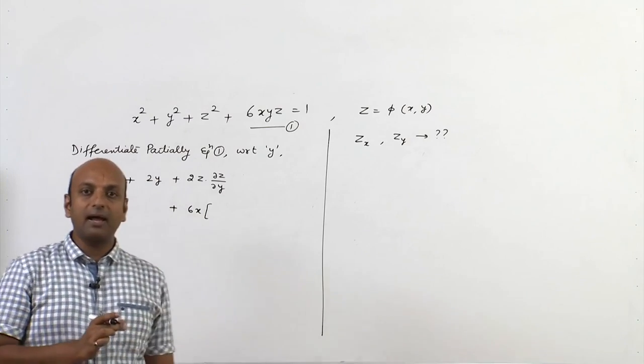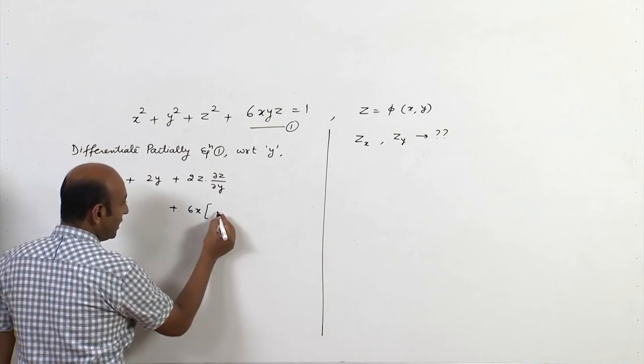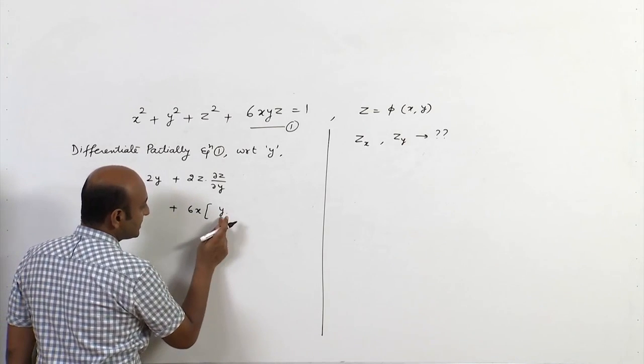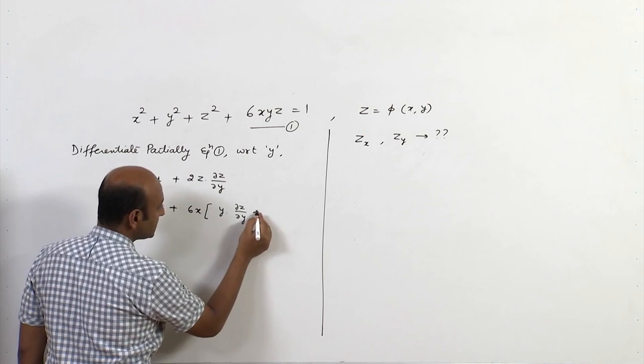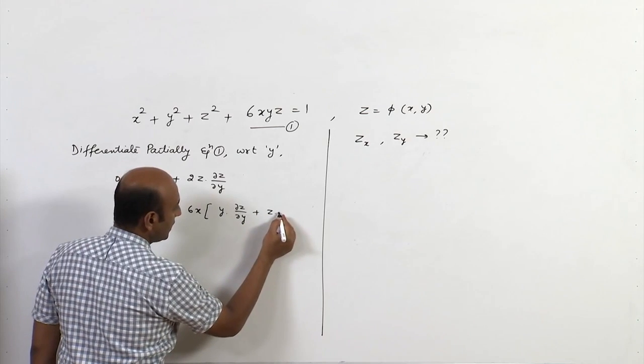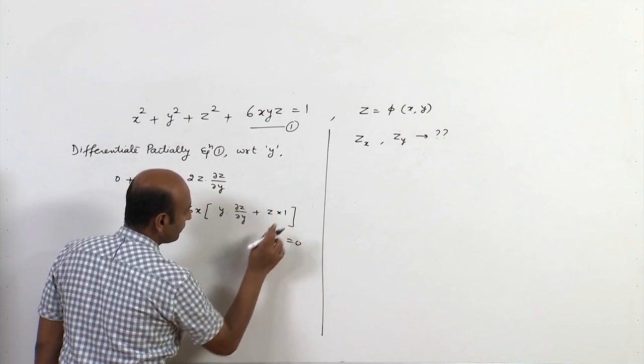So, you have to apply the product rule here. So, it is y into first as it is, derivative of second, del z upon del y, plus z into 1, which is equal to 0.